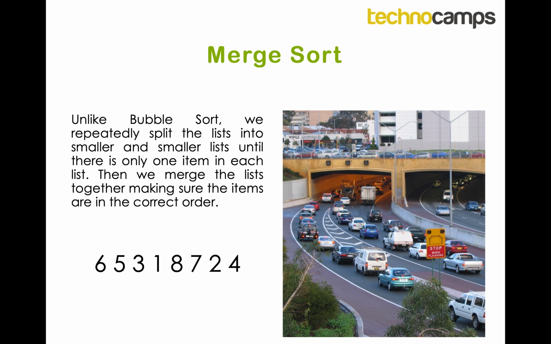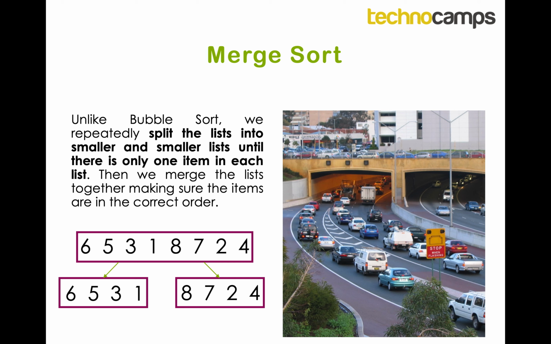So we have these numbers 6, 5, 3, 1, 8, 7, 2 and 4. We first split them into equal lists. Because we have got 8 numbers, we split them into 4 each. We don't sort them at this point. We just split them, keep splitting them up. So this is where the divide part of divide and conquer happens.